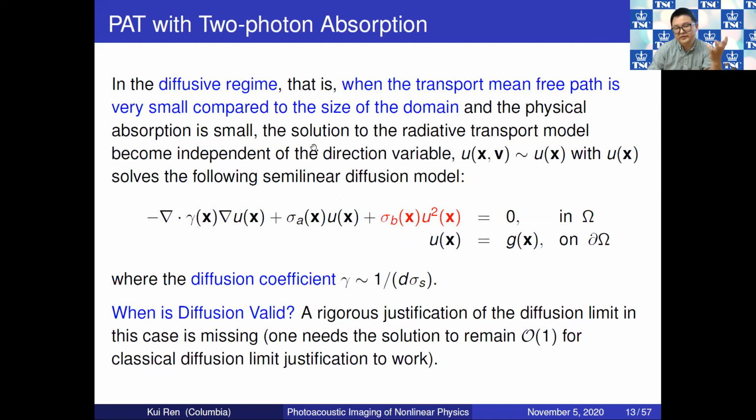The diffusive regime is the regime where your scattering is very high. Basically, your mean free path compared to the size of the domain is very small.